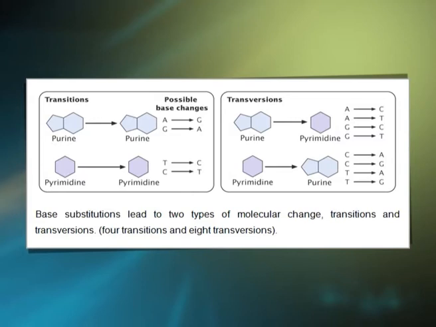But in a transversional substitution, a purine base is replaced by a pyrimidine base or vice versa. Thus, in transitional substitution, the purine pyrimidine orientation is preserved, but in transversional substitution, it is reversed. Transversional substitution is extremely rare and its genetic significance is not definitely understood.